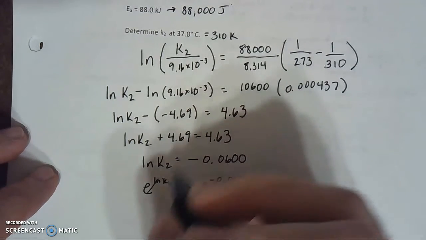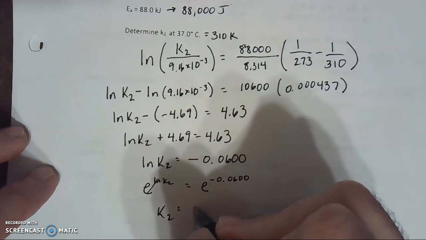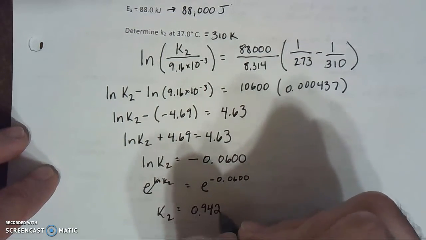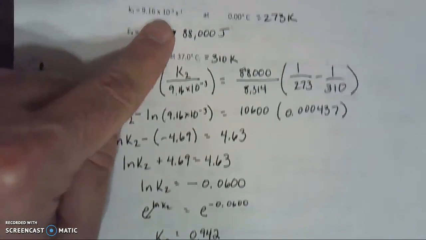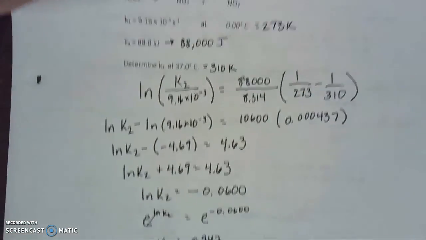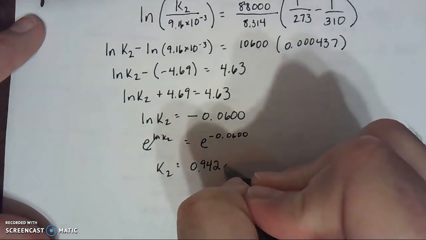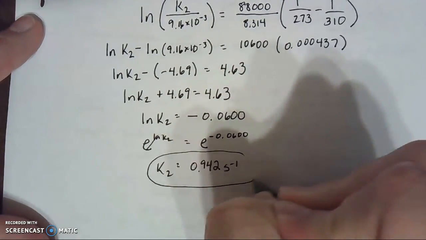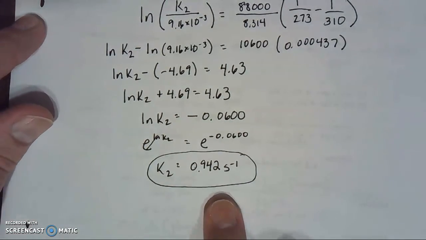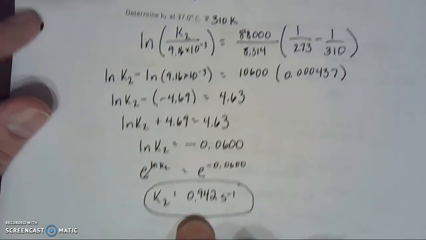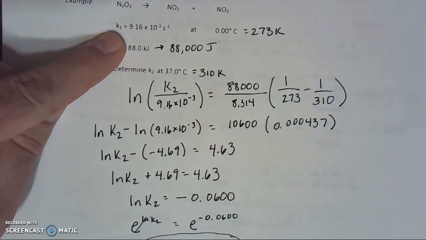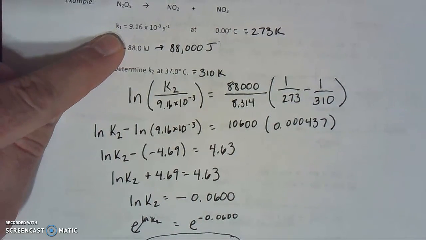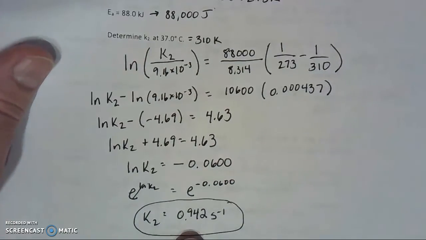This cancels out, and we get K2 equal to 0.942. Whatever units we had up here on K, it's going to be the same unit down here, so seconds to negative 1. We said that if we increase temperature, our K value goes up. We just mathematically showed that. So we've gone from 0.00916 to 0.942.